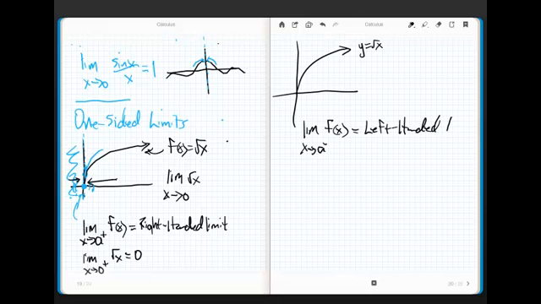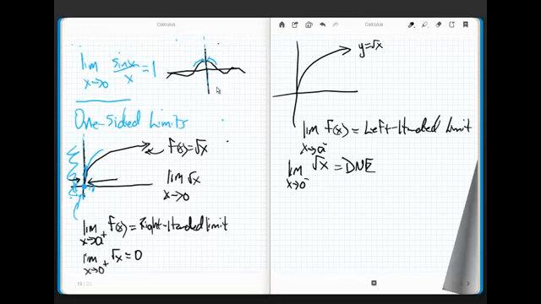If I try to take the limit as x approaches 0 from the left-hand side of root x, it doesn't exist. The function doesn't exist over there. So how the heck can the limit exist? Now, watch what happens here.